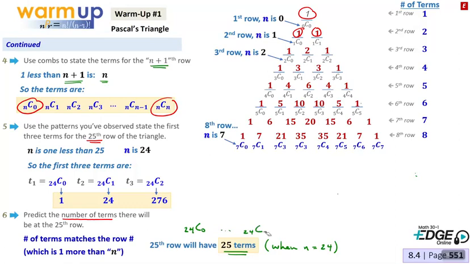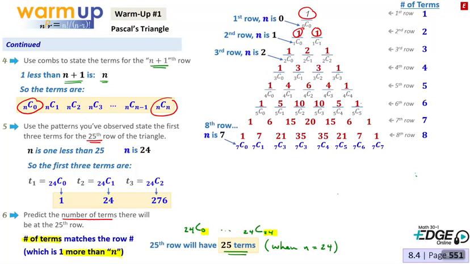Because if you do this too quickly, you might just think, oh yeah, when it's 25, I have 25. No. Because we are counting 0 up to 24, it's one more than 24 terms, right? So just remember that. The number of terms is one more than the n value. And that is the row number.